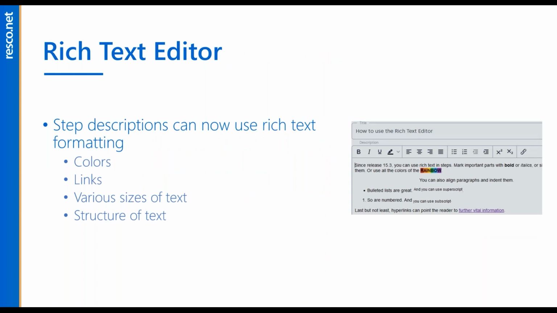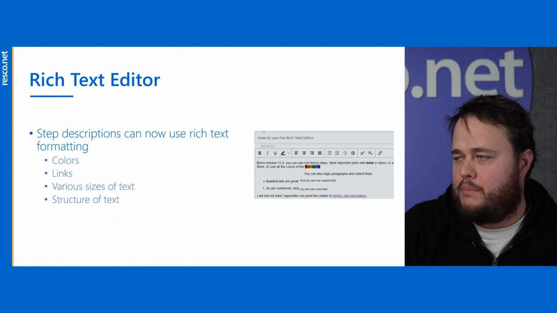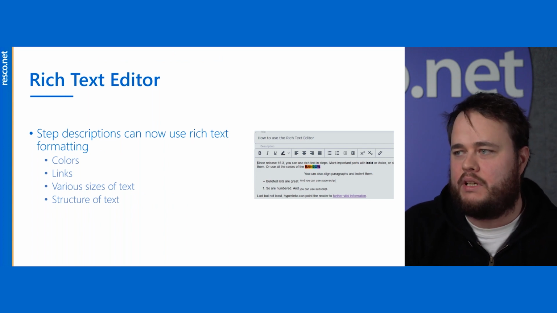Rich text editor, yeah, that's another thing which we delivered. In the previous releases, you only had the chance to write plain text, which is boring. So we added a rich text editor to make it colorful. So you are able to create, for example, rainbow text if you like. So colors are part of the description. You can add links.